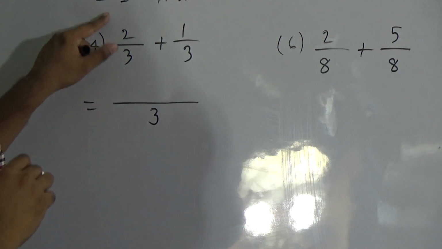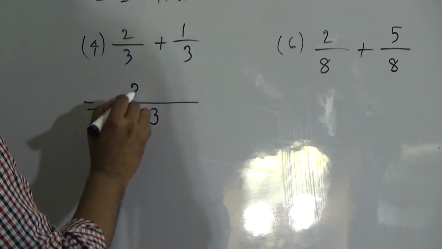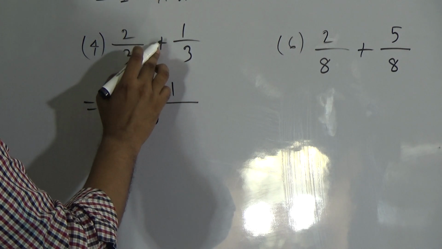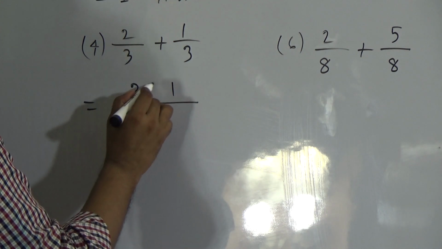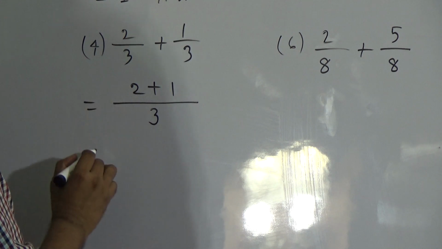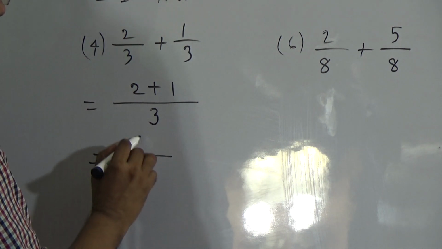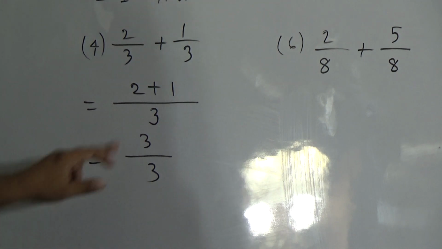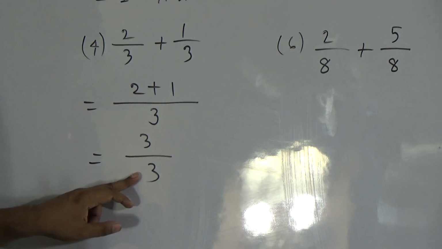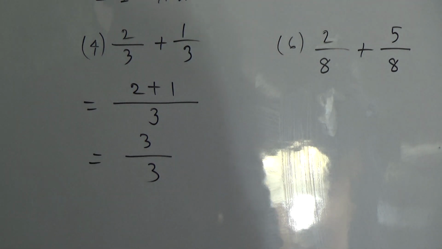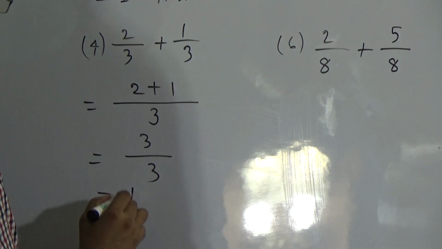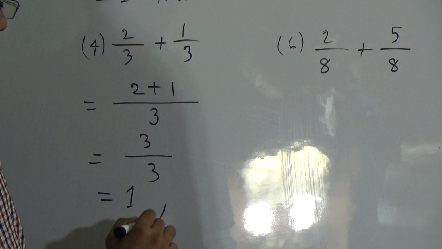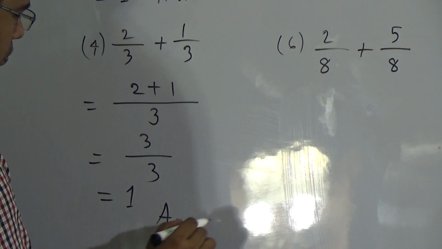Now we'll write these two numerators 2 and 1. We have to give an addition sign between 2 and 1. Now if we add 2 with 1, then it will be 3. That means this is equal to 3 by 3. Here also numerator and denominator are the same. So instead of 3 by 3, we can write 1. And the answer will be 1.